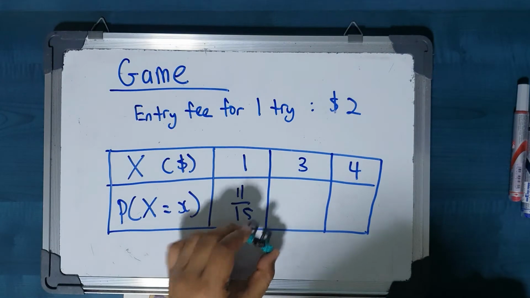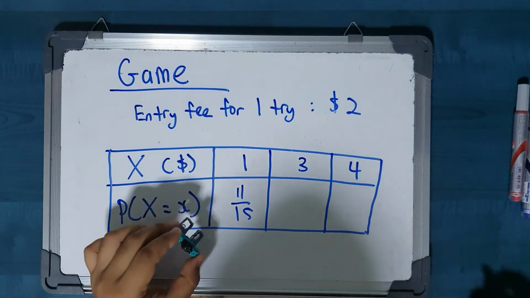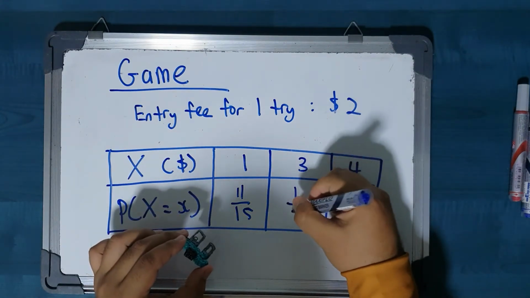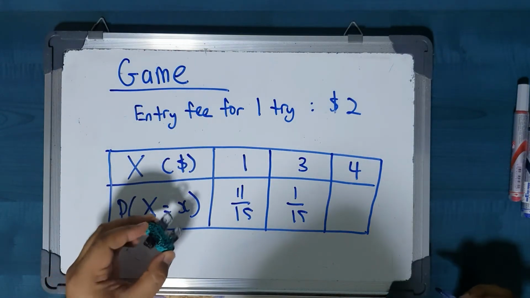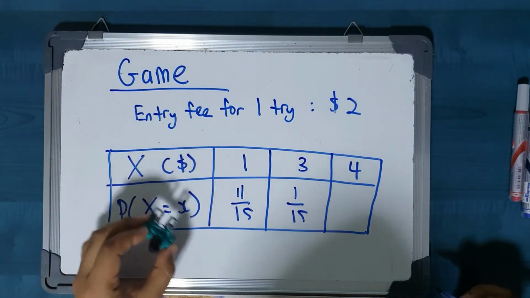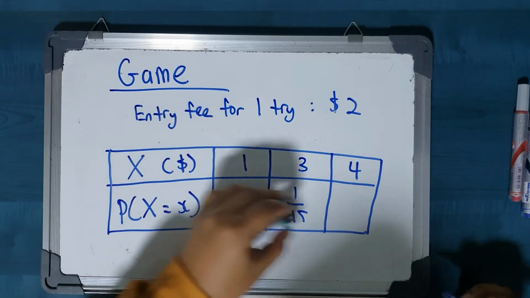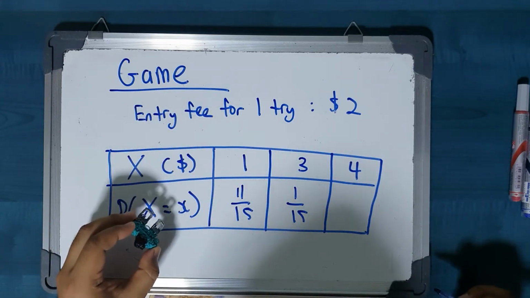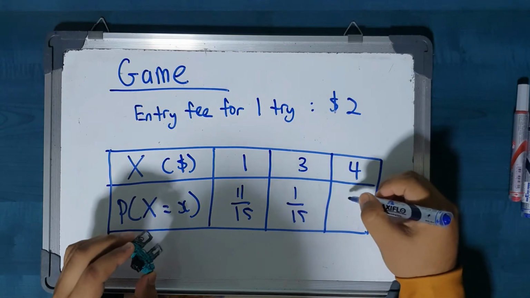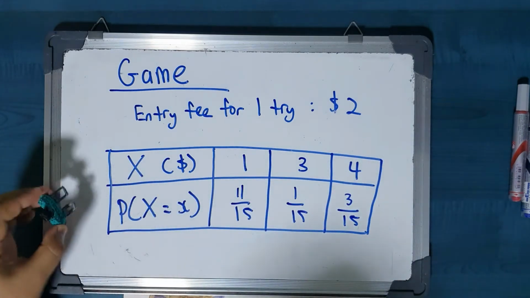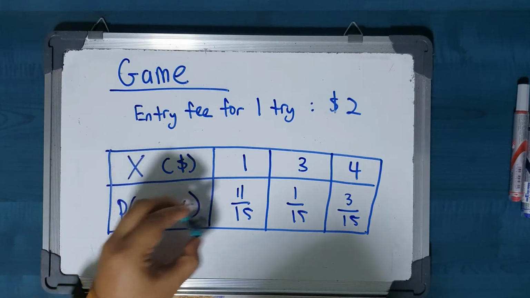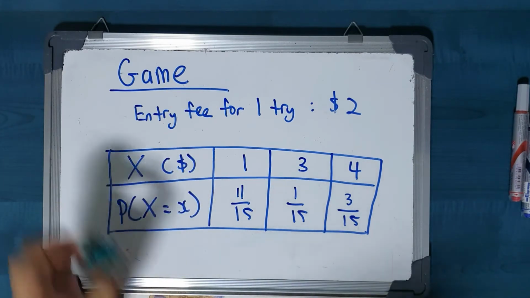And then the probability I win $3 is around 1/15. And the probability that I win $4 is, okay, there's no need for me to tell you. You can guess. All the probabilities must add up to give you one whole. So this is actually 3/15. Alright, so this is just my observation of the game that I've played.